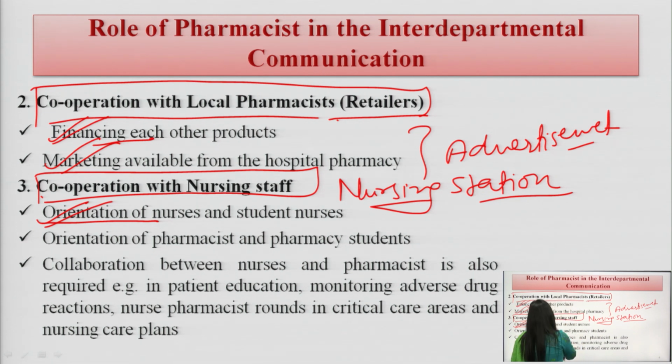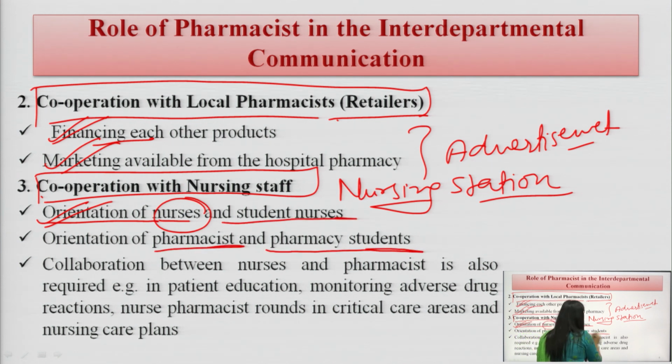They are giving training to the nurses, to student nurses, and to pharmacy students. Yes, these are short-term and long-term trainings given by the pharmacists. So they have a role in the education and training program in cooperation with the nursing staff.